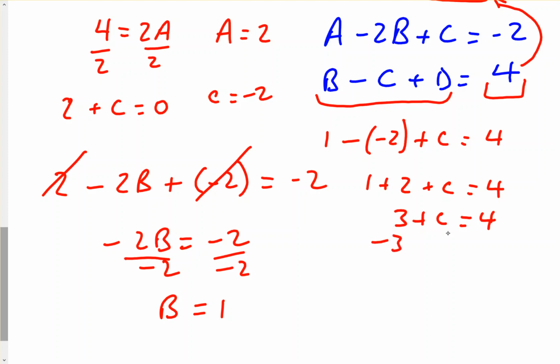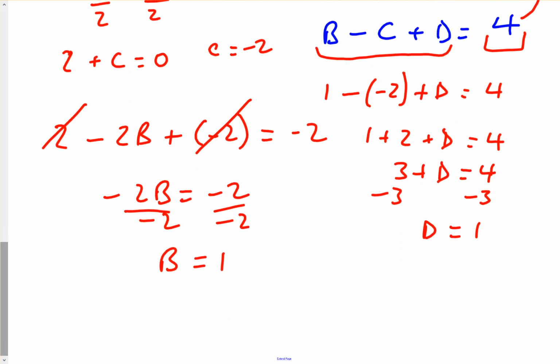Subtract 3. So d also equals 1. Okay, so a equals 2, b equals 1, c equals negative 2, and I wrote here c, but I was thinking d. d equals 1. Okay, so we're ready to finish it off then.